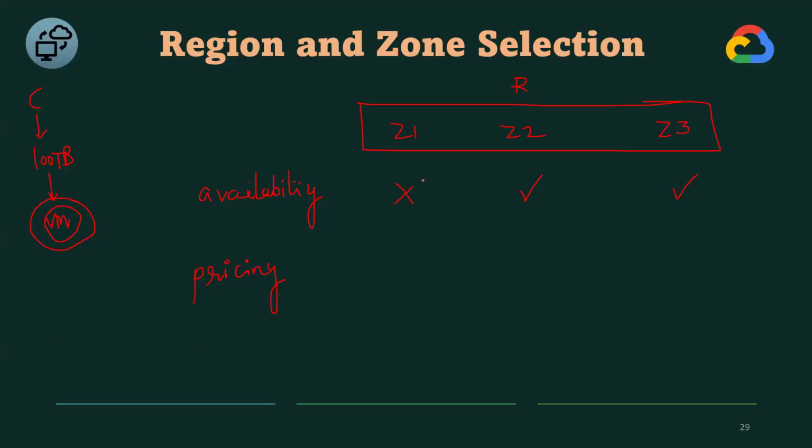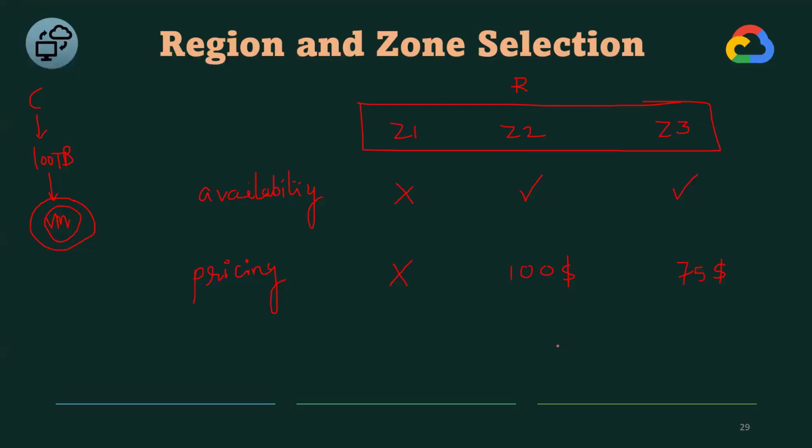If the particular resource is not available, we don't worry about the cost. So for zone 2, for this particular VM, it is $100, and you go to zone 3 and look at the pricing of that same VM, and you see that it is $75.